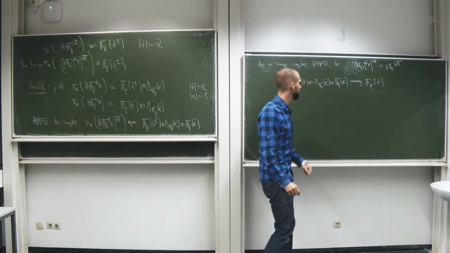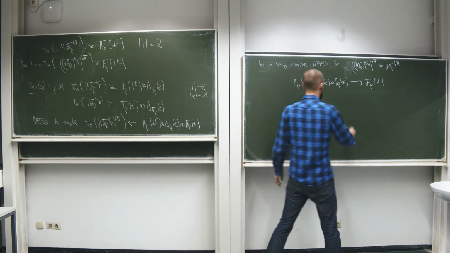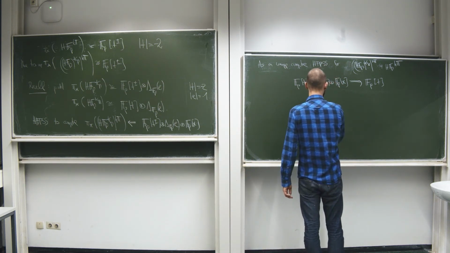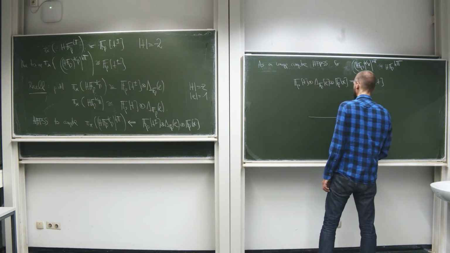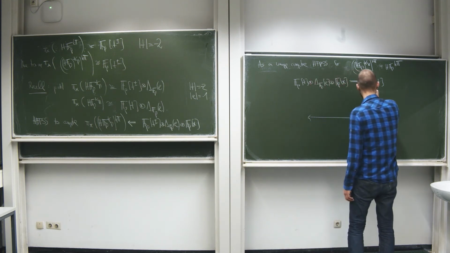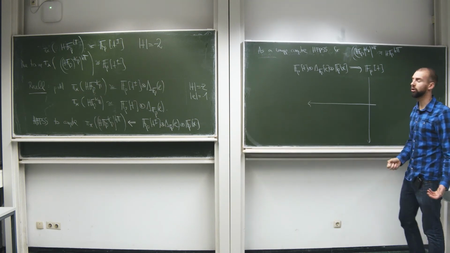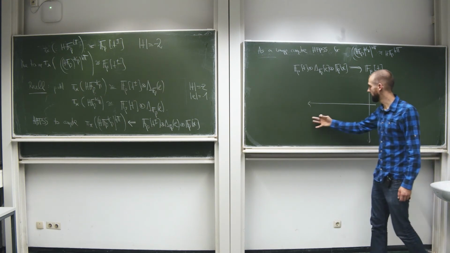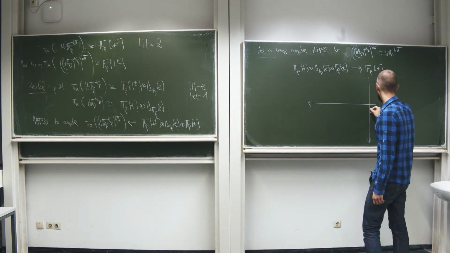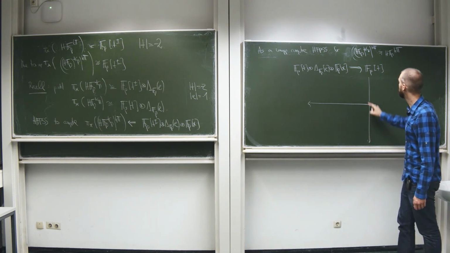Now let's stare at how the spectral sequence looks. The way I want to depict it is with an axis here and an axis here. I'm using homological Serre grading, so the whole spectral sequence sits in this quadrant here. Here I have the homotopy groups of the guy in the middle.